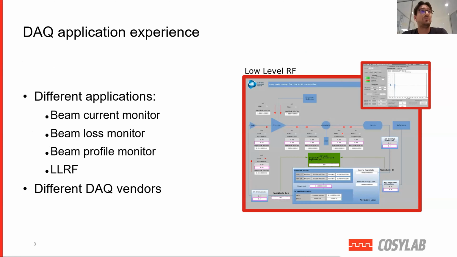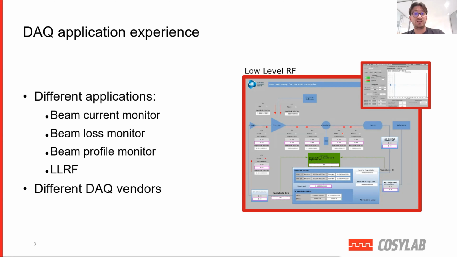Through the years, we have developed multiple DAQ applications for different particle accelerator use cases. And when looking at use cases like beam profile monitors, beam loss monitors, and low-level RF, we've identified overlap and shared functionality between all these applications. There's usually, to some degree, also customization on the FPGA layer.